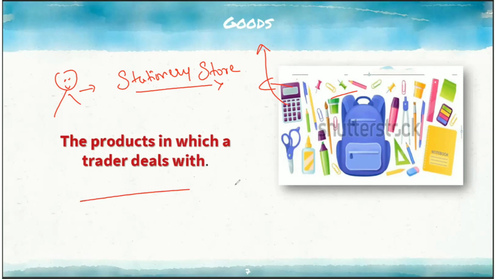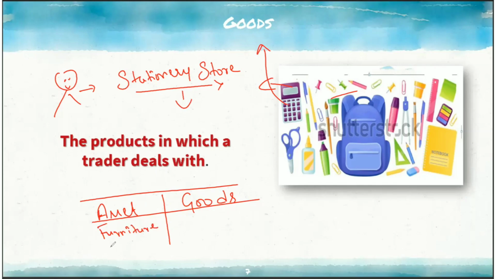Now let me give you an example differentiating between an asset and goods. Assets are also purchased by the owner, goods are also purchased by the owner. Let's take the same example of the stationery shop. In the stationery shop, you may purchase furniture: fan, table, chair, etc. You purchase all these assets for your stationery store.